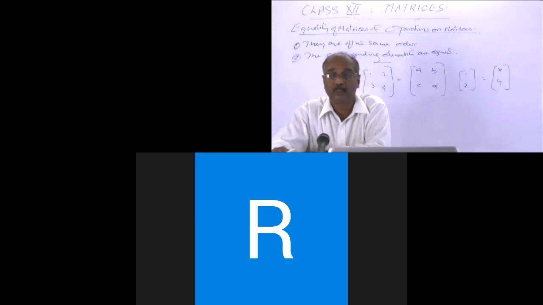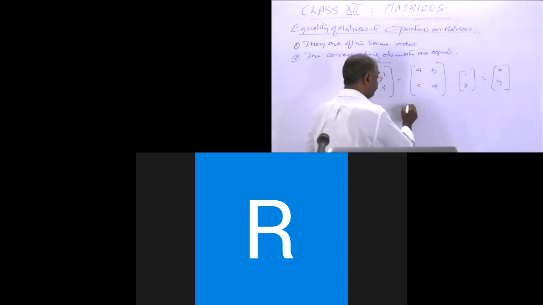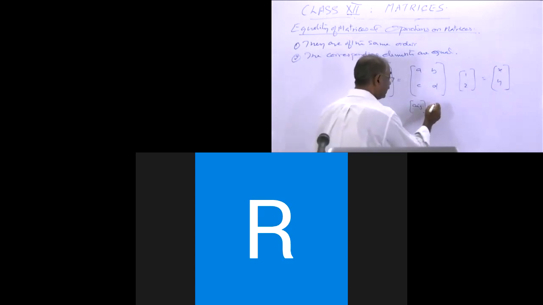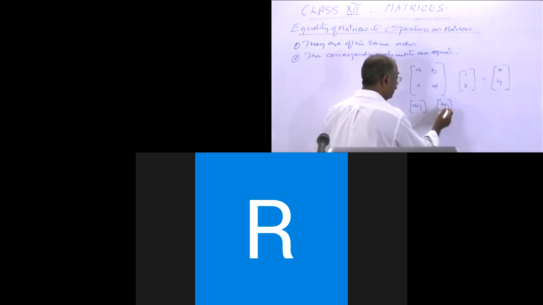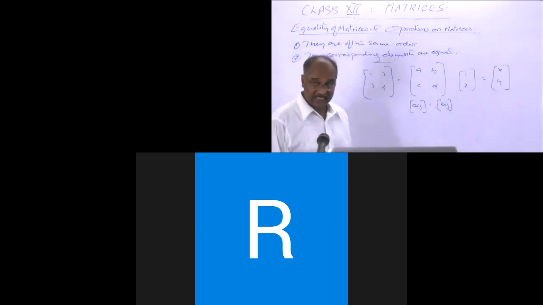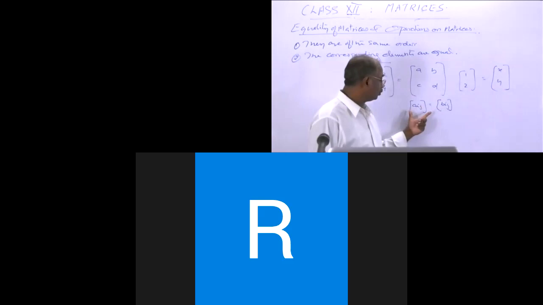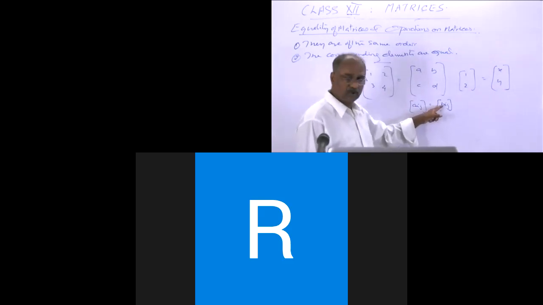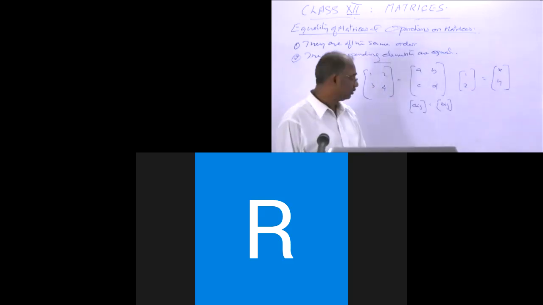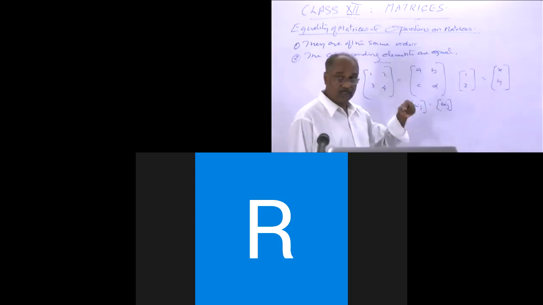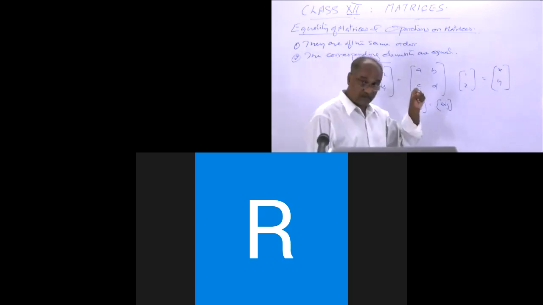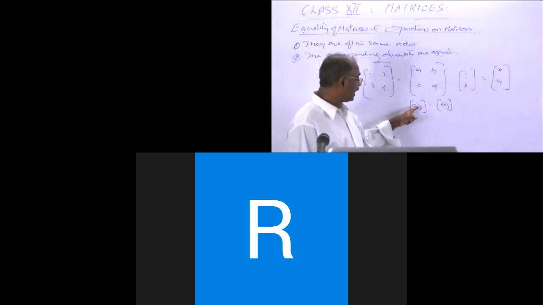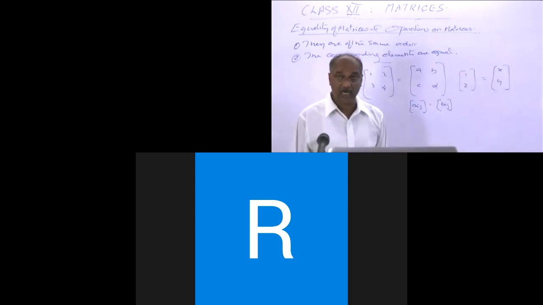Or in the general form, if Aij and Bij are two matrices, then this is the short form of the expanded general matrix, with elements A11, A12, etc., and B11, B12, B13, etc. Then these two become equal if they are of the same order and Aij equals Bij for all i and j.